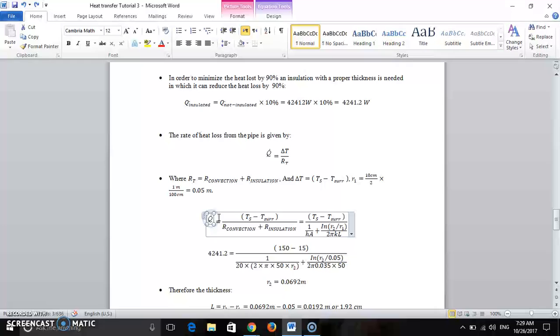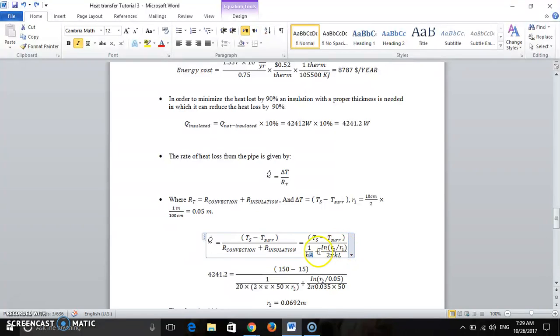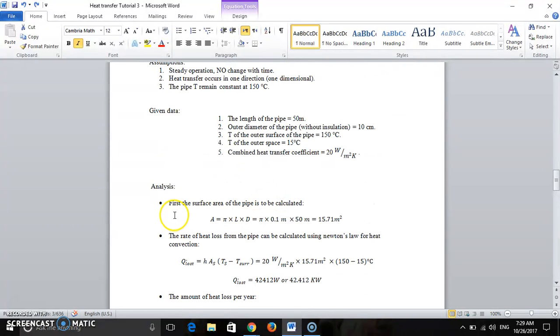Anyway, the heat transfer rate is equal to the temperature difference over R total. So R total, first we have R convection, which is equal to 1 divided by h, the heat convection coefficient, multiplied by the area. We have to notice that this area is different from the area we calculated first.